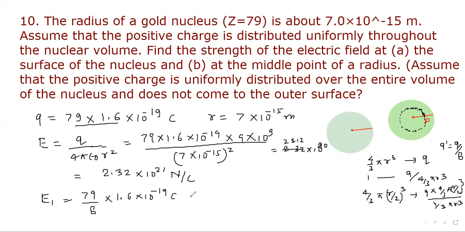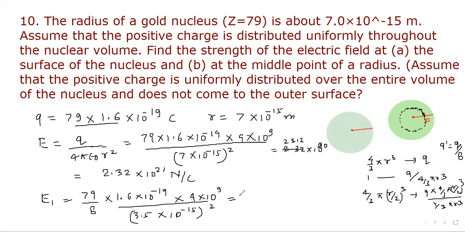Now we can find the electric field by this charge times 9 into 10 to the power 9, which is the value of 1/4 pi epsilon naught, and distance will be r square, that is, this time r becomes r by 2, so this value will get halved, that will become 3.5 into 10 to the power minus 15 whole square.